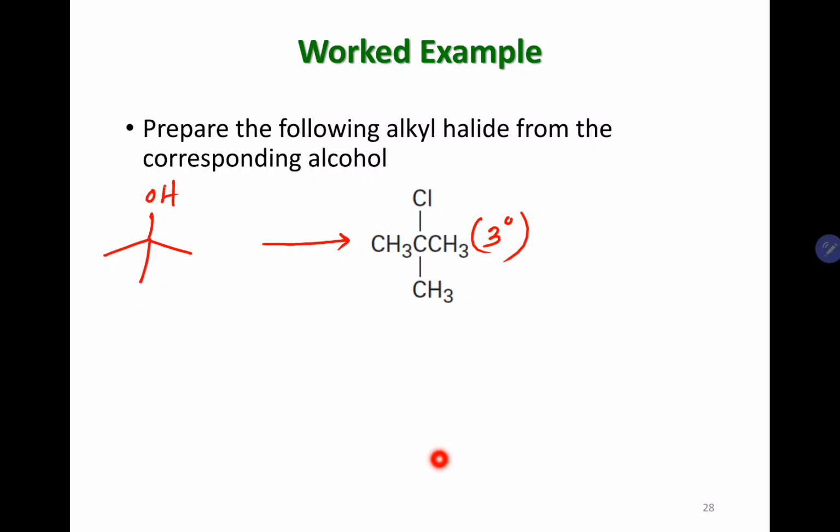All you need to do is substitute this OH group with a chloride group. Since this reaction uses a tertiary alcohol, you can easily use HCl and synthesize this particular alkyl halide. That will be your answer.